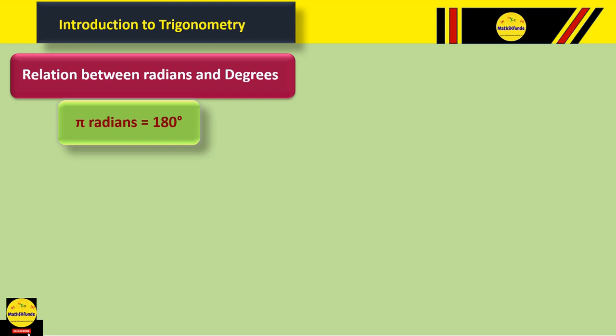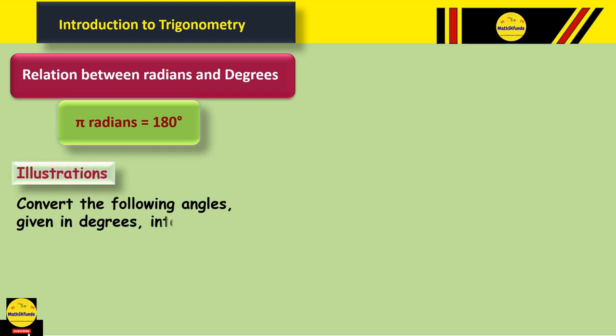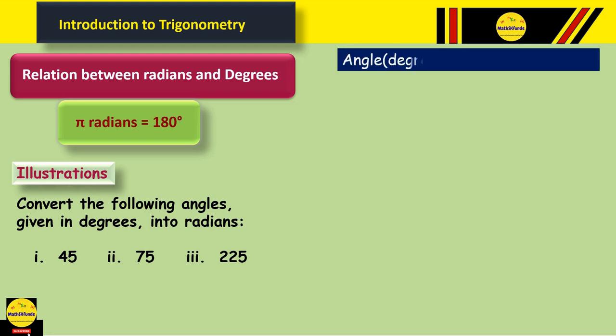Now, before proceeding further, I go for some illustrations. Convert the following angles given in degrees into radians. And just some 3 angles I am writing here: 45 degrees, 75 degrees, and 225 degrees. I have taken here degrees to radians. So obviously, like how you have done in previous classes, unitary method, by that I write on the left degrees and on the right radians, because that is required in the answer.